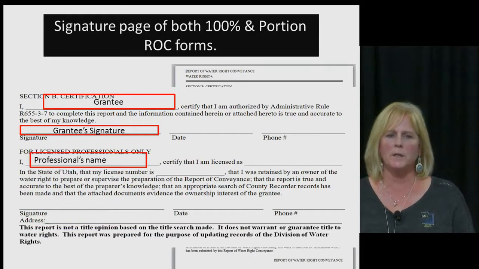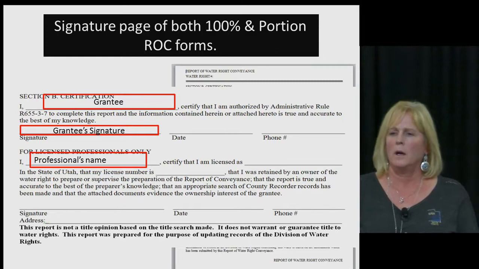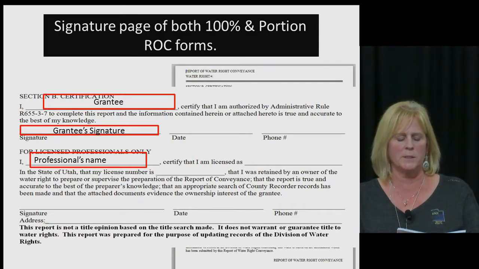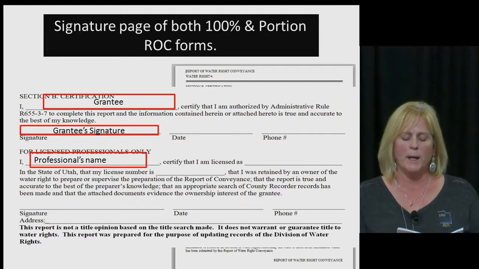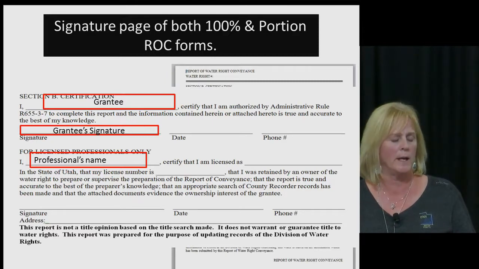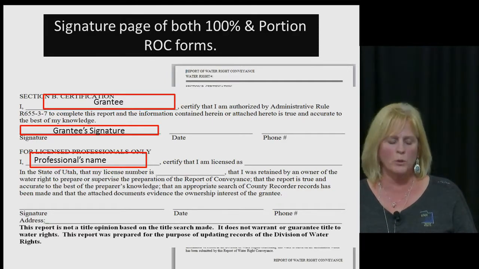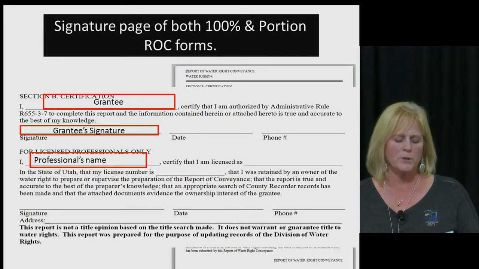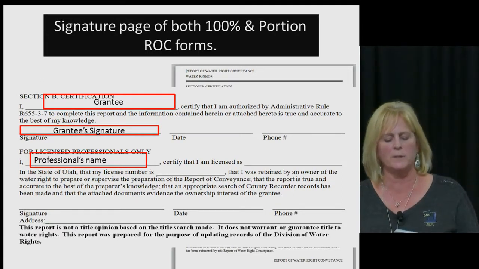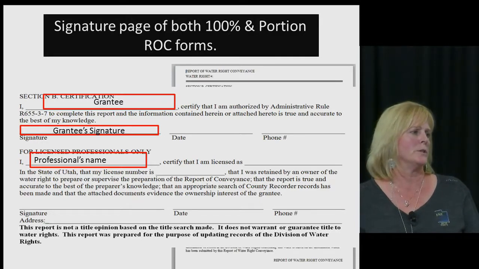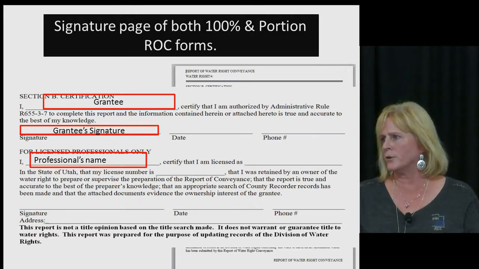If it is signed by the professional, this is what you're going to be stating when you sign: the professional was retained by an owner of the water right to prepare or supervise the preparation of the report of conveyance, that the report is true and accurate to the best of the preparer's knowledge, that an appropriate search of county recorder records has been made, and that the attached documents evidence the ownership interest of the grantee. So you're doing your due diligence. And that's what you should be doing anyway for your clients.